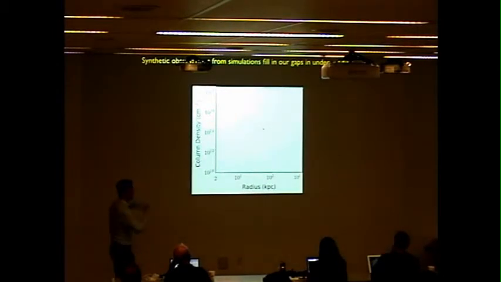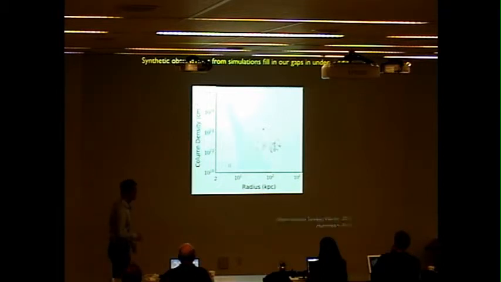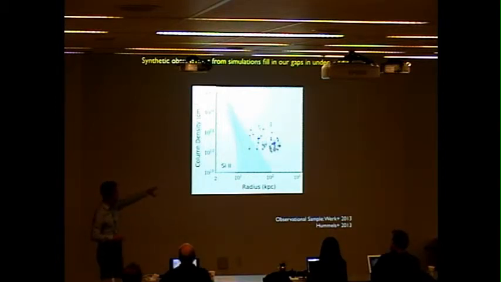Okay, so all of that for that single sight line is just going to give us one point in our column density versus radius map. And of course, we take lots of different sight lines in our simulation, and it produces something like this. The observational sample here, the points and the gray arrows representing limits, is simply from the COS-Halos survey for silicon-2.